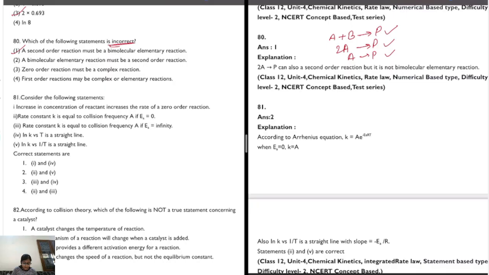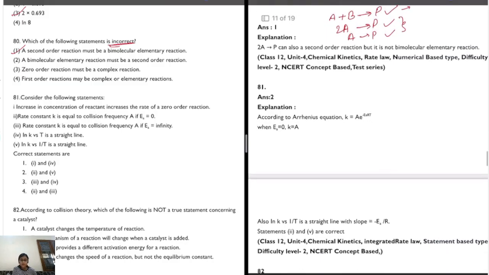This is a second order reaction which is a bimolecular elementary reaction, that is, a single step reaction in bimolecular form. But these are second order reactions without being bimolecular elementary reactions. So this is the correct option. The other options: a bimolecular elementary reaction must be a second order reaction.